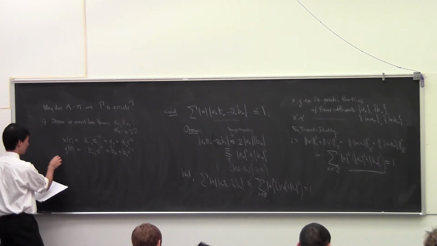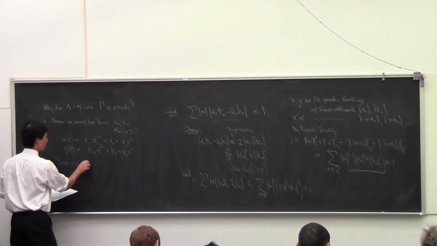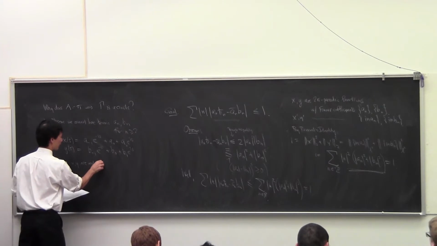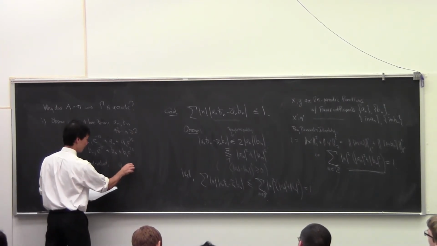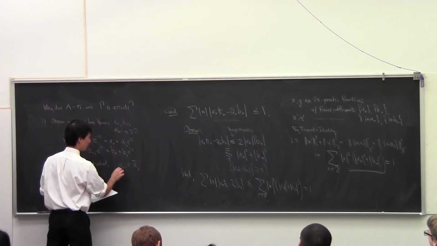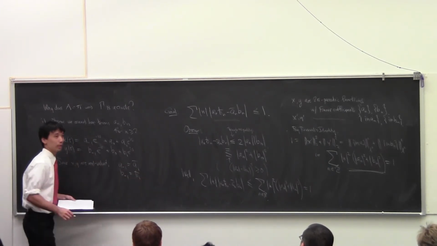We know that since x and y are real valued, a_{-1} is a_1 bar, and b_{-1} is b_1 bar.